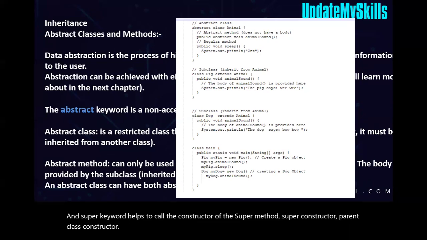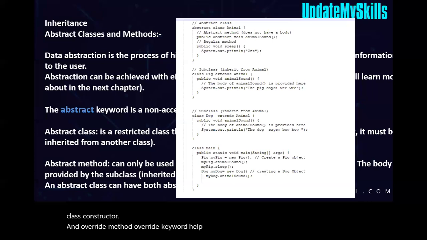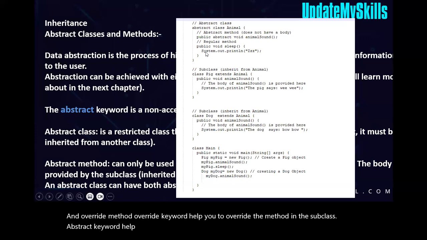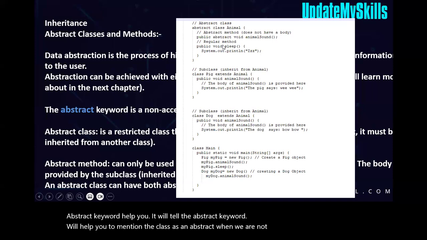The override keyword helps you to override the method in the subclass. The abstract keyword helps you to mention that the class is abstract when we are not providing a complete implementation for the class.